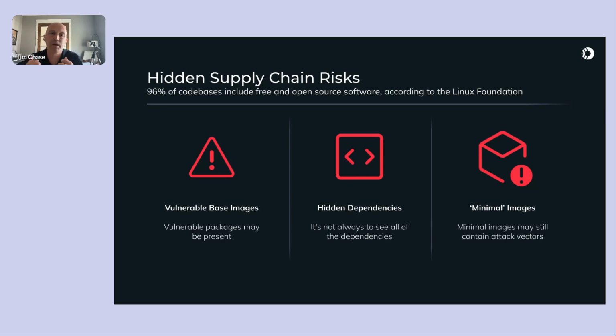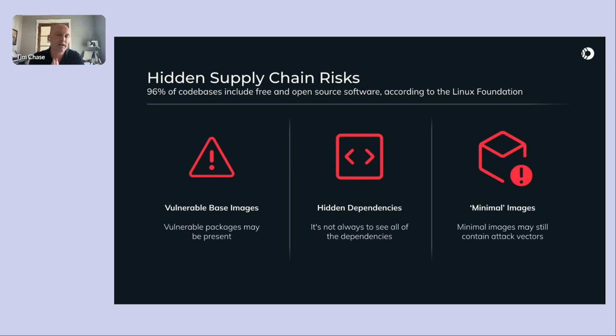So when you start to think about where these risks might be, one place is with vulnerable base images. This is where we can partner with folks to have these clean images, so that you always know that your base images are up to date. But when you manage these yourselves, a lot of times you forget about them over time, right?